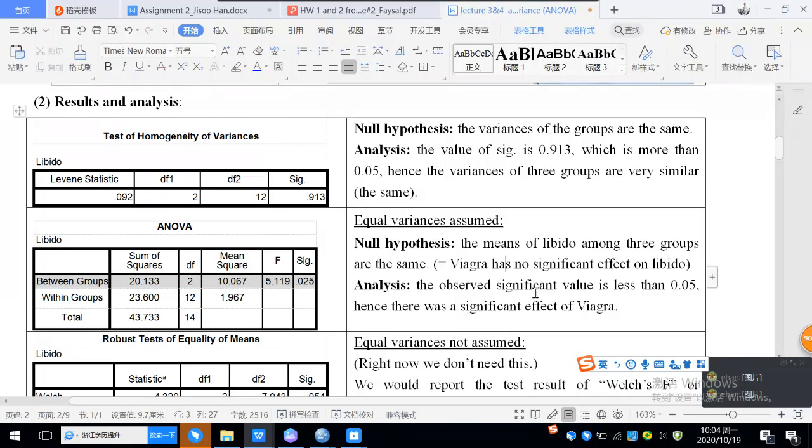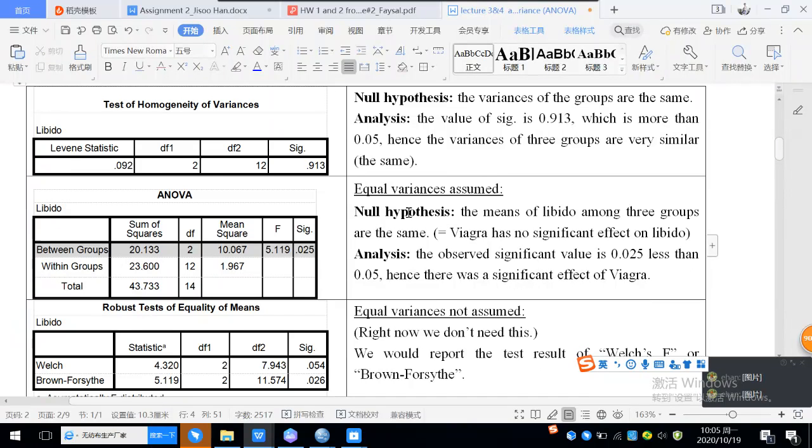And the observed significance is 0.025, less than 0.05. Therefore, there was a significant effect of Viagra.